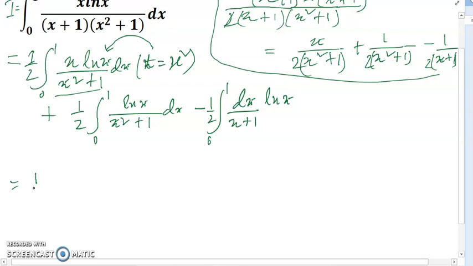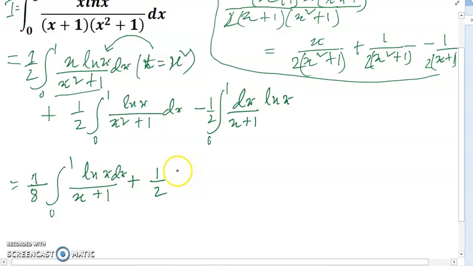So it is 1 by 8, 0 to 1 ln x divided by x plus 1 dx.